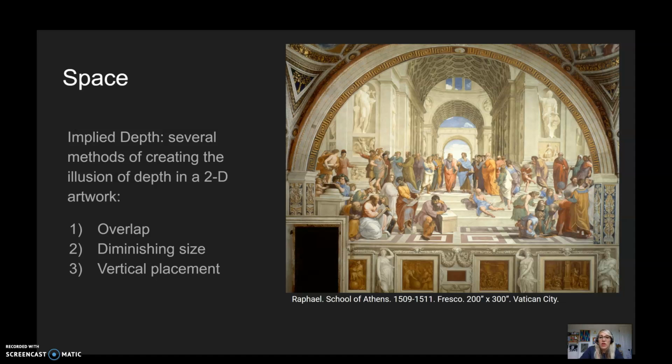And then the last one, and one that people don't think about often, is vertical placement. So the higher up, the closer toward the top of a painting, the further back something is. So again, the people that are closest to us are further down here. The people that are farther away are further up on the canvas.